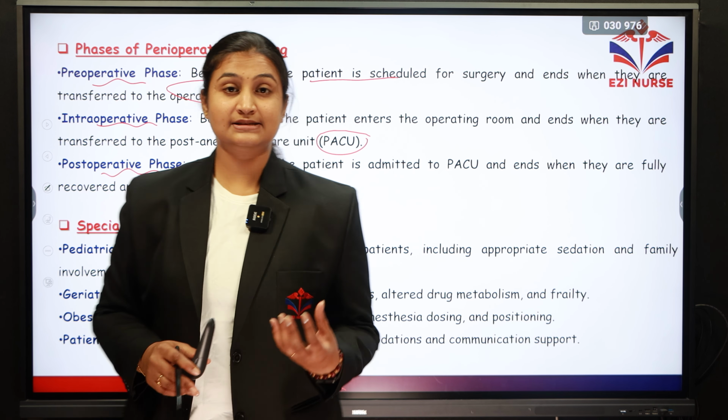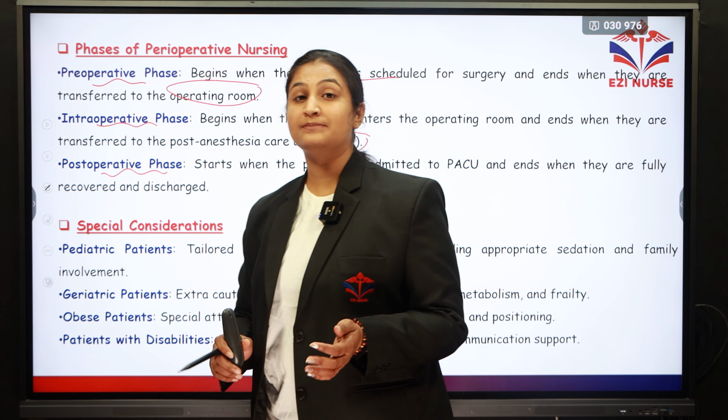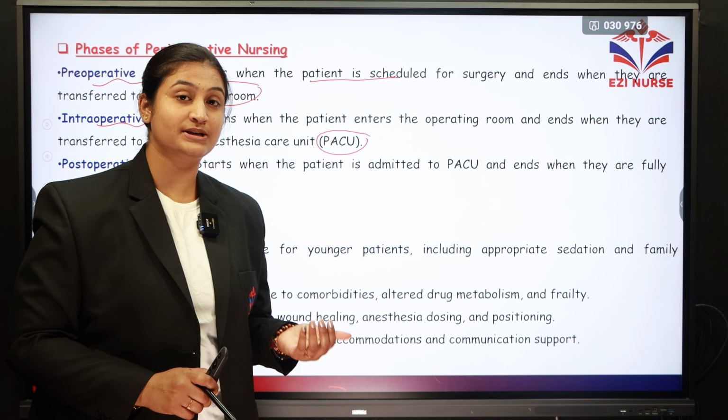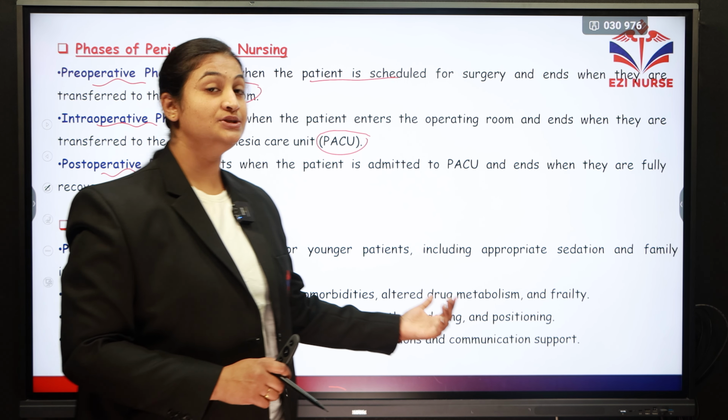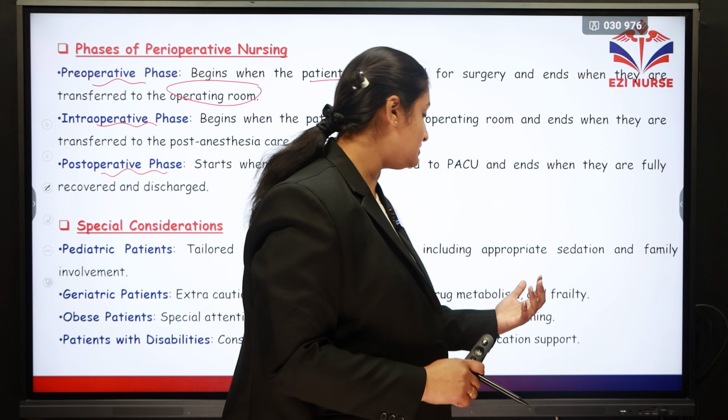For geriatric patients, extra caution is needed due to many comorbidities, which alter metabolism, as well as frailty. For obese patients, special consideration is given to wound healing, and anesthesia dosing and positioning are well maintained.